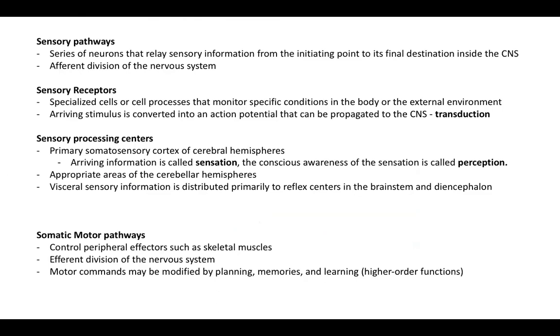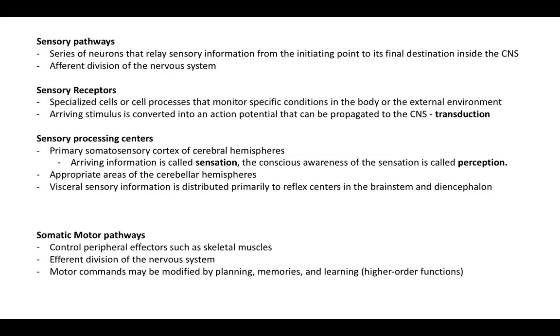We have the sensory receptors, and when they're stimulated and they convert that stimulus into an action potential, that's something called transduction. So that stimulation of the sensory receptor converts into the electrical impulse of the action potential, which is then carried to the central nervous system.